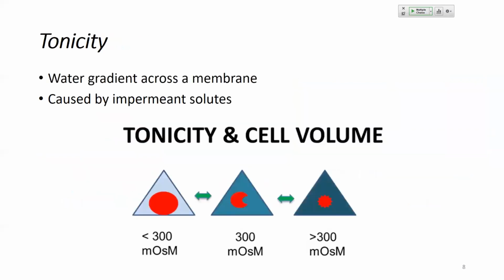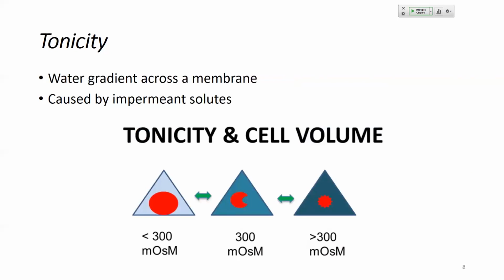All right, so now we're going to speak about tonicity. And tonicity is very similar to osmolarity, but it's quite different. It's the water gradient across a membrane, but it's only taking into consideration the impermeable solutes. The osmolarity took all the solutes into consideration.